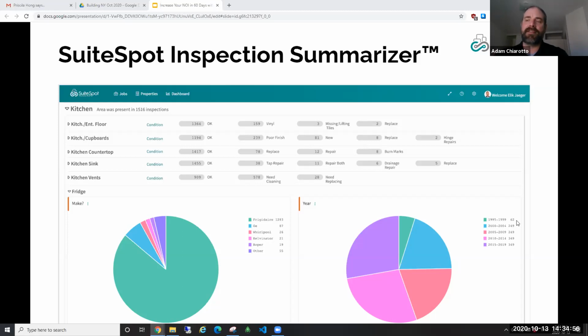Or maybe check the smoke detector or the CO detector, see when those are going to expire next, or basically gather all of this other information that provides a lot of tangible benefits just because they're already in the unit. It just makes a lot of sense. And it gives everybody that needs to make these decisions the tools and the information they need in order to actually make them, as opposed to just guessing.